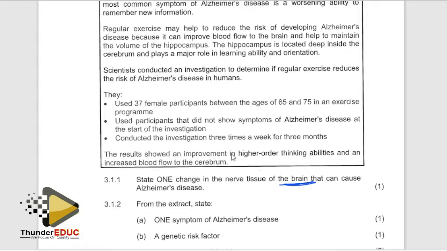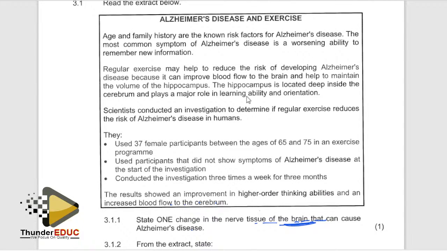They say nerve tissue of the brain. The result showed an improvement in high order thinking ability and increased blood flow to the cerebrum. So this can help you if you reverse it.